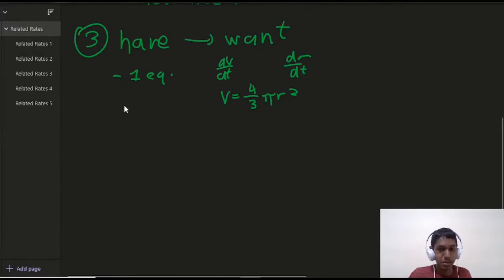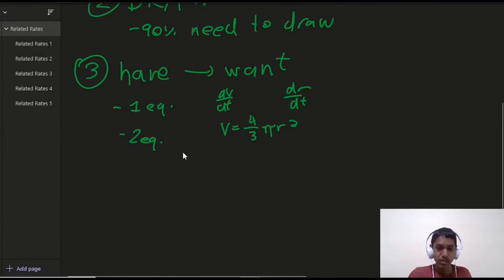But sometimes it can be more than that. Sometimes it can be two equations, where you have to find an intermediate quantity and then plug into another equation. And we'll go over those types of problems too. So yeah, you relate it in some way.